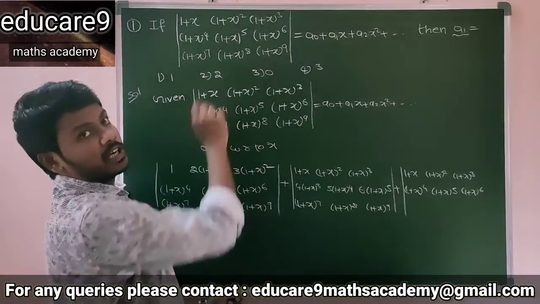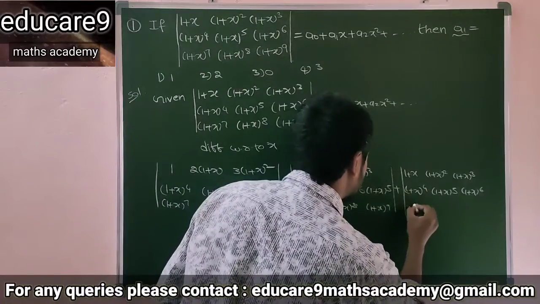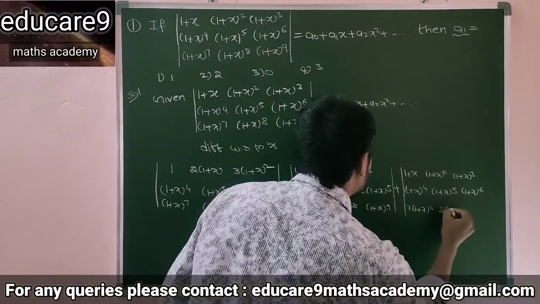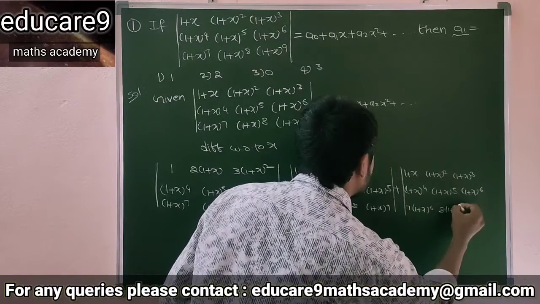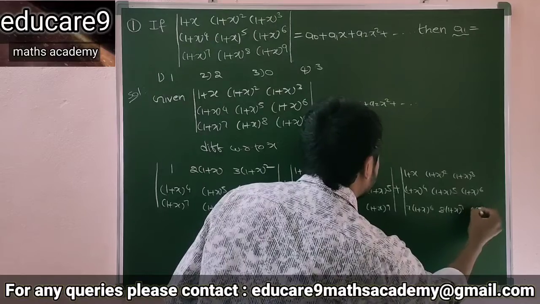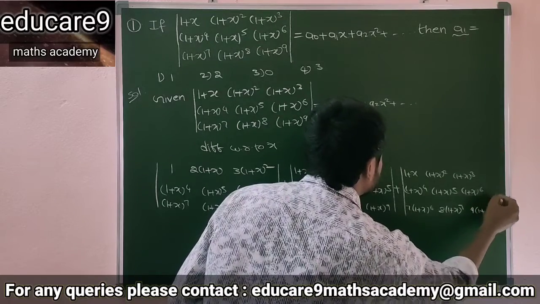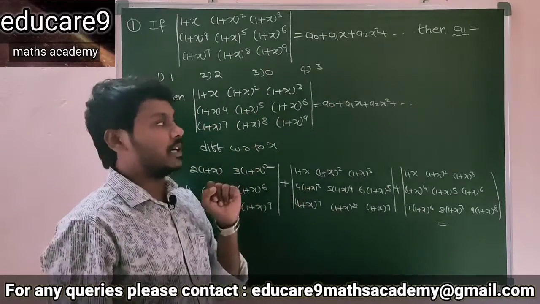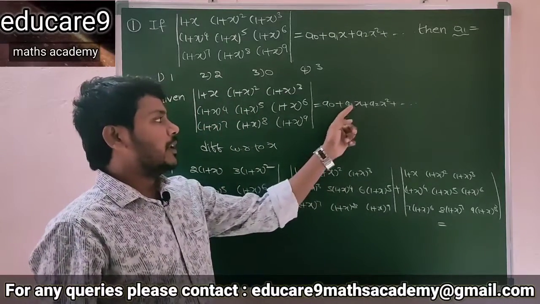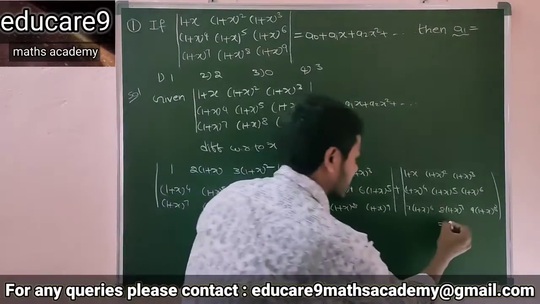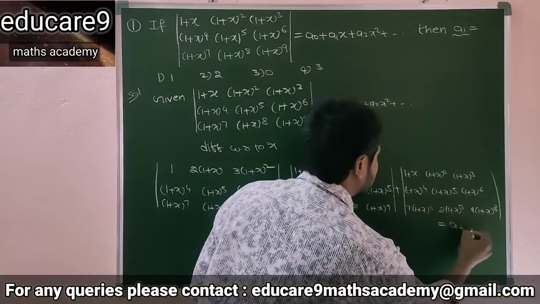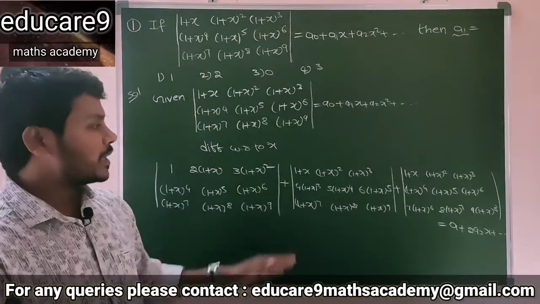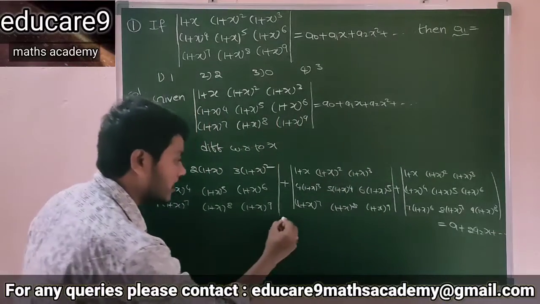And the derivative of the third row, that is 7 into 1 plus x whole to the power of 6, 8 into 1 plus x whole to the power of 7, 9 into 1 plus x whole to the power of 8, equals the derivative of the constant, that is 0, the derivative of a1x, that is a1, plus 2a2x and so on, and put x equals 0.